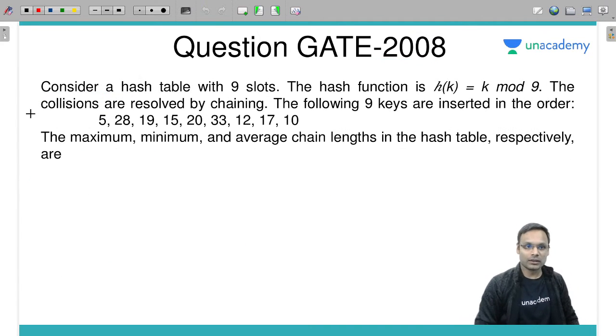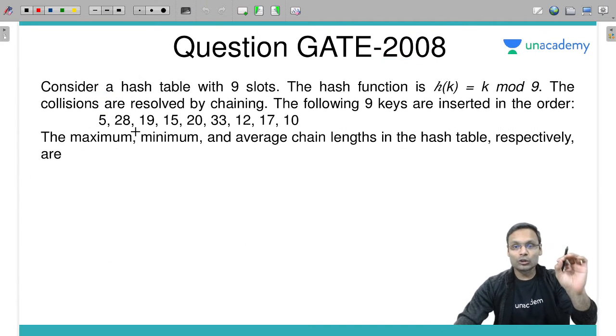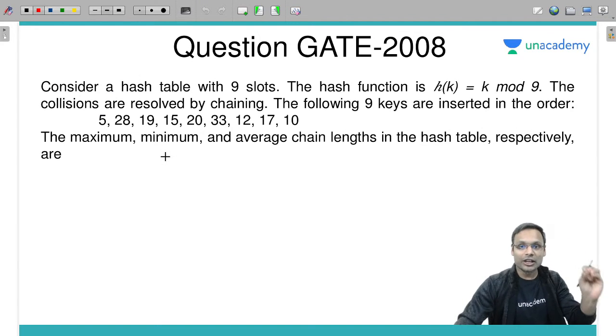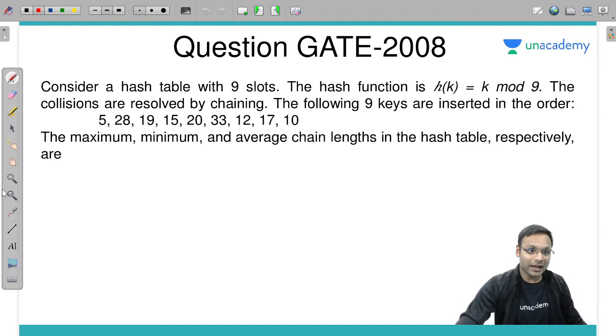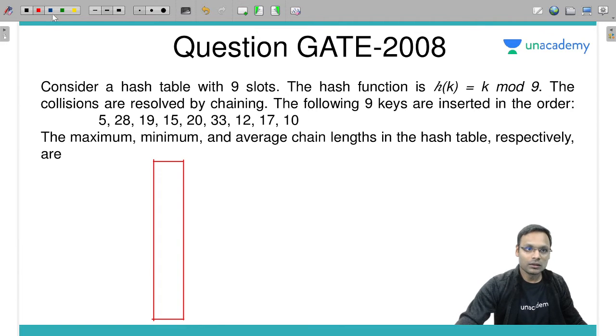Another type of question. In this I am going to tell you something very useful. I will tell you some small tricks in this. Consider a hash table with 9 slots. H of k is equal to k mod 9. So the hash table is of size 9, and the function is mod 9. Of course, the indexes should be 0 to 8.